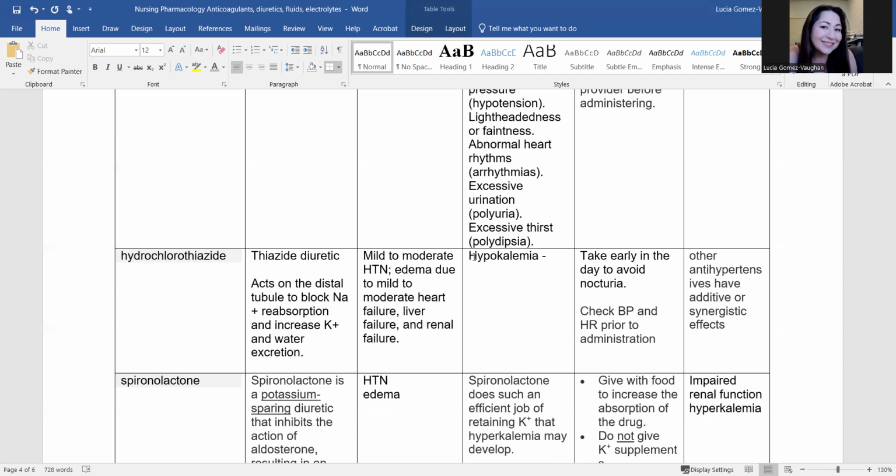The side effect that you're looking for is hypokalemia again, or that low potassium level, because it's wasting potassium. And we give it in the morning just to avoid that urination at night. And we check blood pressure and heart rate prior to administration. Interactions include other hypertensives. It can have an additive or synergistic effect.